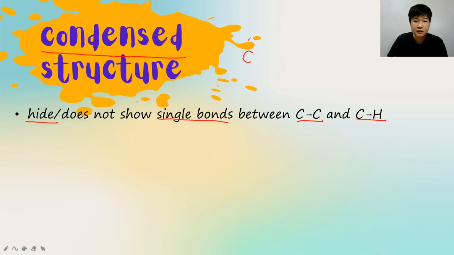For example, if that is my ethane, I have CH3 in the form of expanded. If I'm going to condense this structure, then it will be CH3, CH3. That is what is meant by condense. Alright?